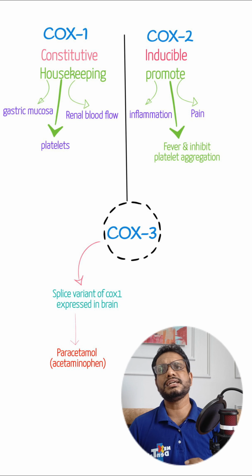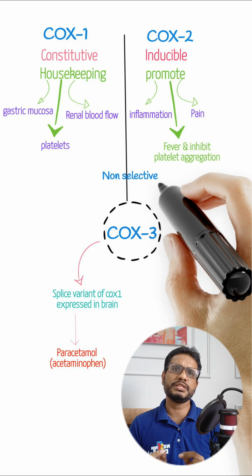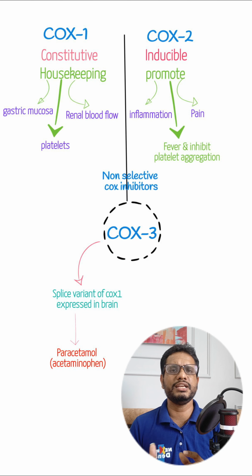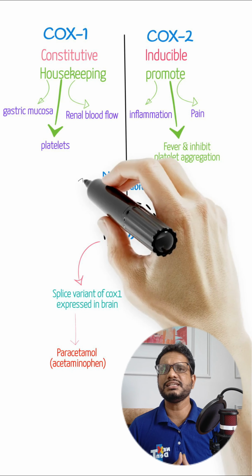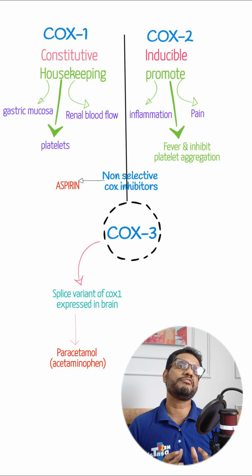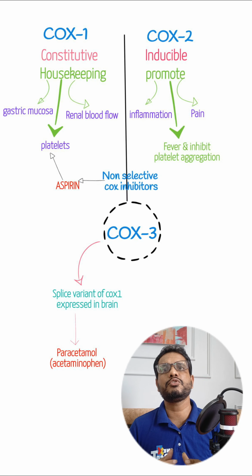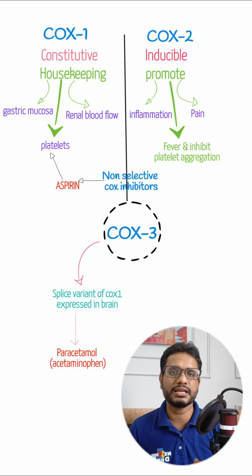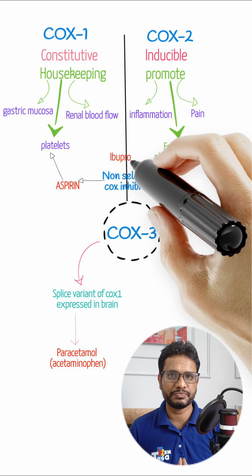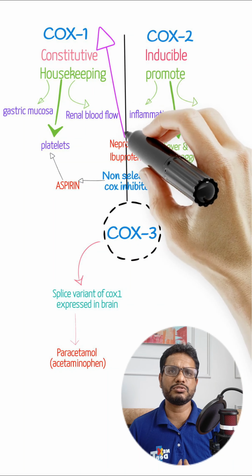There are certain NSAIDs that act on both the enzymes COX-1 and COX-2, although they have more or less affinity for either of these enzymes. For example, aspirin mainly inhibits COX-1 but also affects COX-2. It's used at low doses for its anti-platelet effect in cardiovascular disease prevention. Then we have another example, ibuprofen, or naproxen.